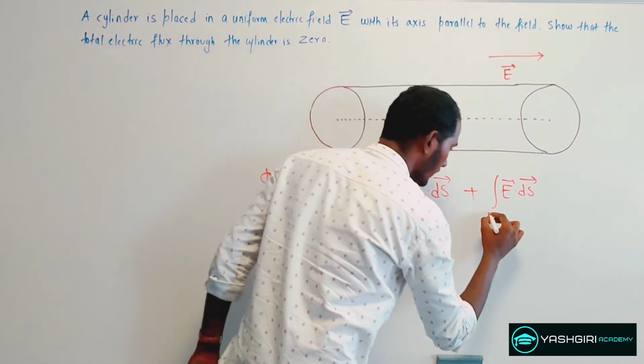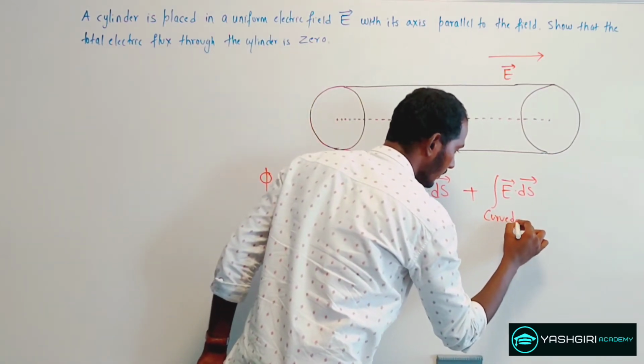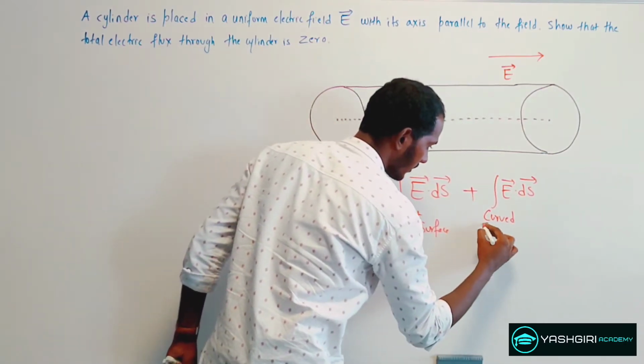All right, so this is my cylindrical curved surface.